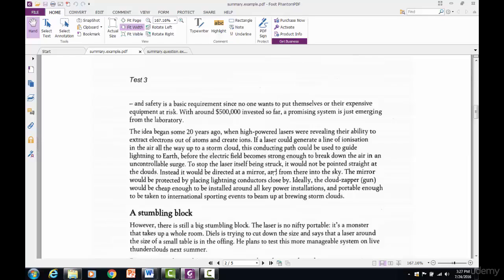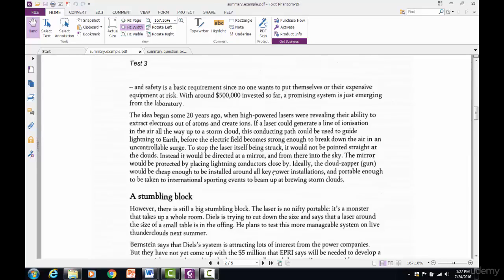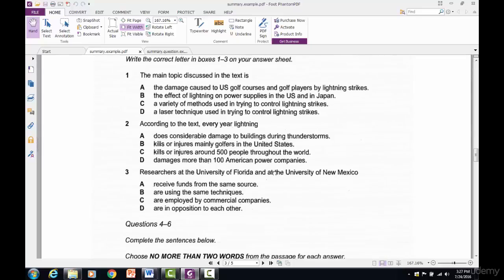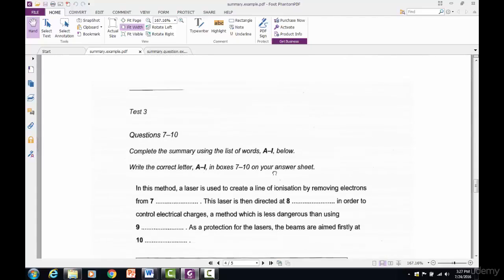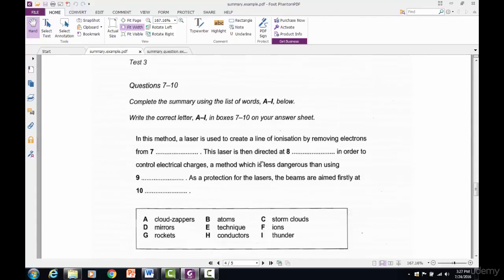Wow. So what that means is that when we look at this question, what they've done here is number 8 comes from that second sentence of the paragraph. But the next part of the sentence, a method which is less dangerous than using, that comes from a whole different paragraph.